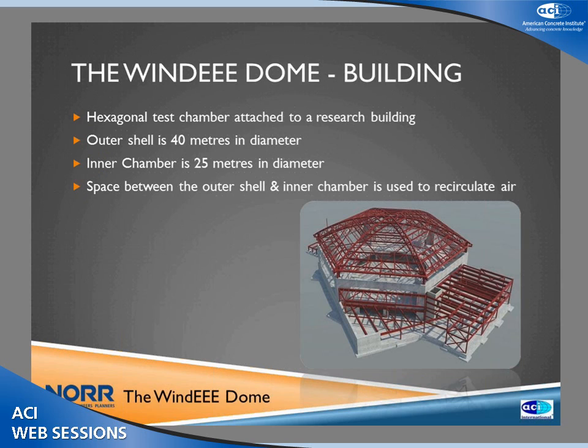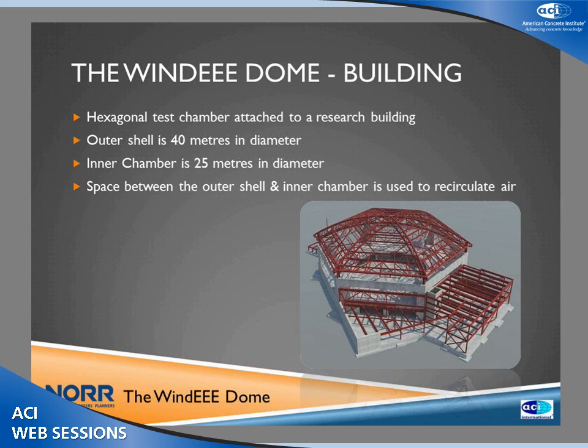The building itself is arranged as a domed hexagonal building housing the test chamber. So we have an outer dome and inner dome, and there is an attached two-story research building next to it, as you see in the image.